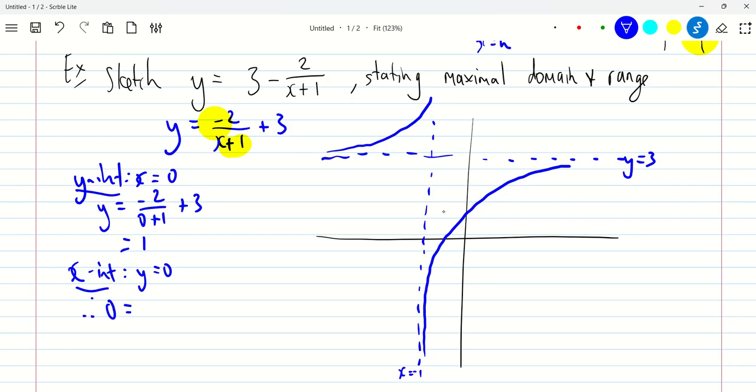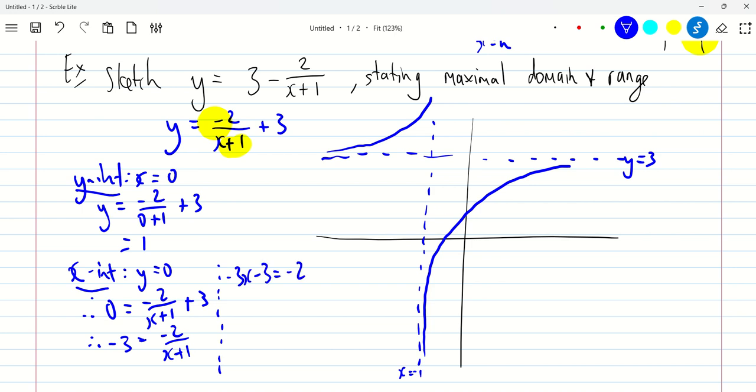Therefore, 0 is equal to negative 2 over x plus 1 plus 3. Therefore, negative 3 is equal to negative 2 over x plus 1. I'll flip both. Oh, I'm going to run out of space here. Therefore, I'll times both sides. So negative 3x minus 3 equals negative 2.